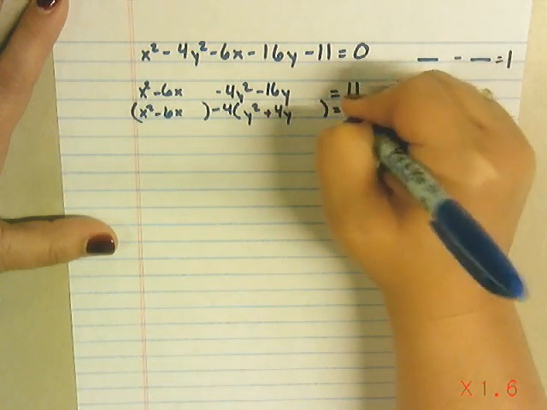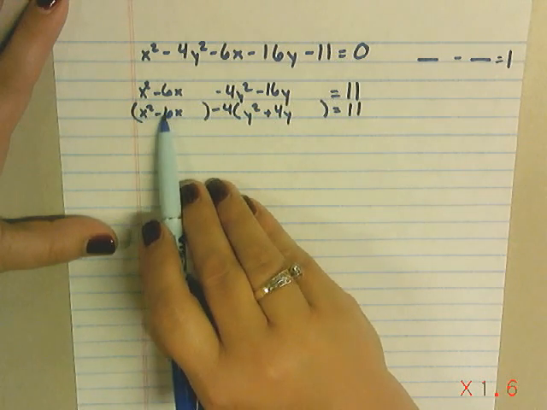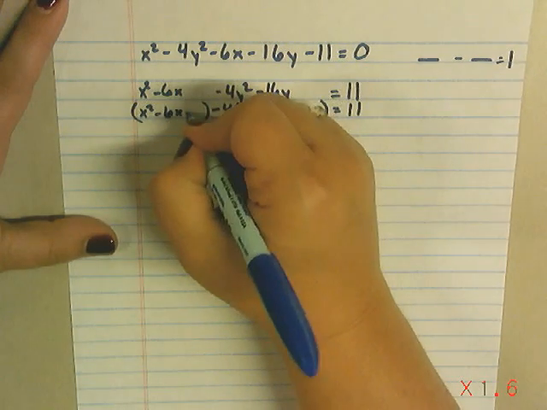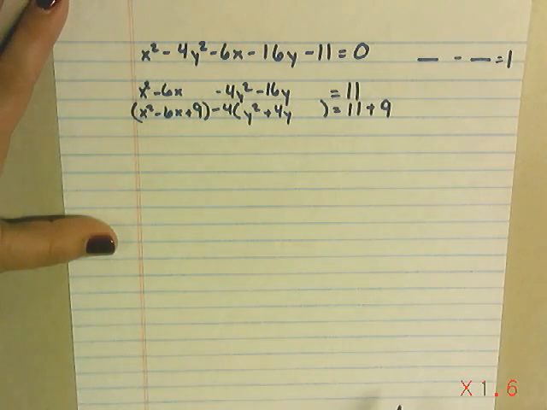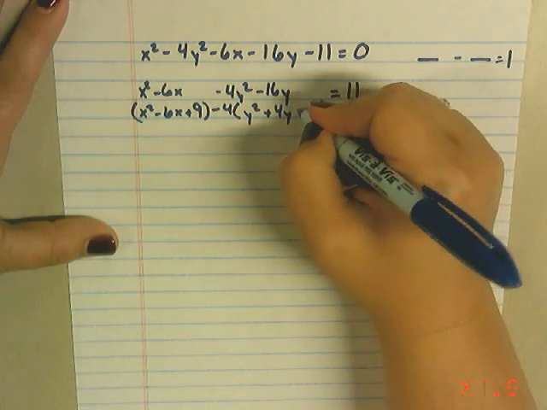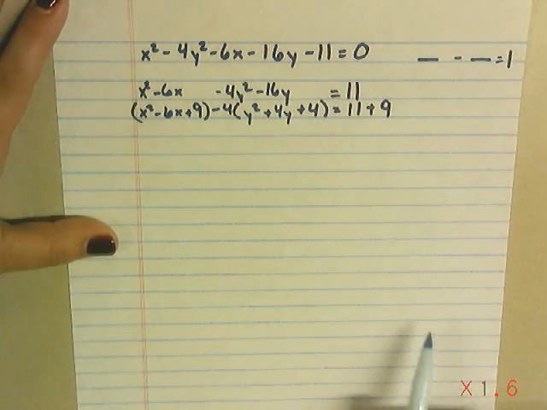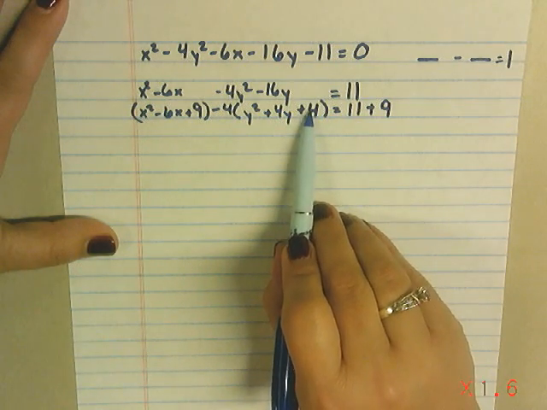Okay, so now I need to fill in both of my blanks. Remember, that's where I take half of this and square it. So half of 6 is 3. 3 squared is 9. Whatever I put over there, I got to put over there. Half of 4 is 2. 2 squared is 4. But I have to be careful because there's that negative 4 out front. So I actually haven't put a positive 4 here.